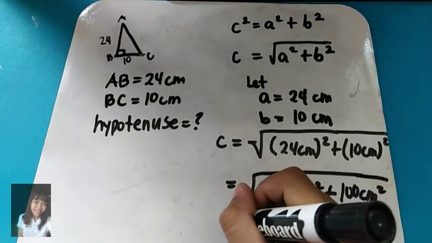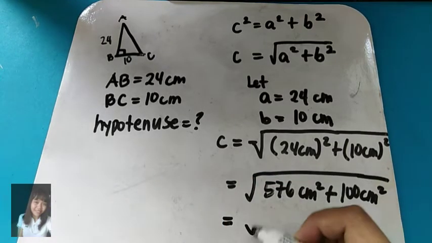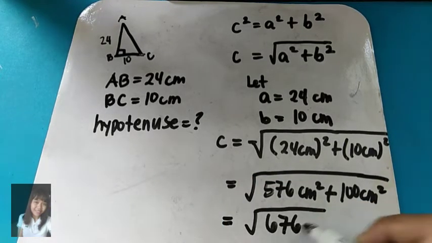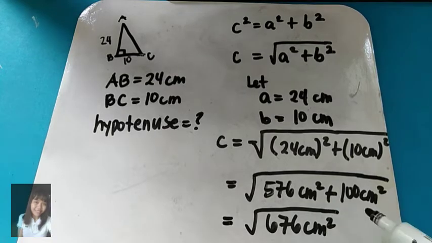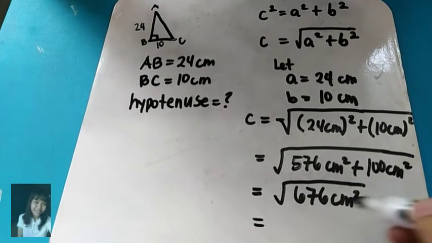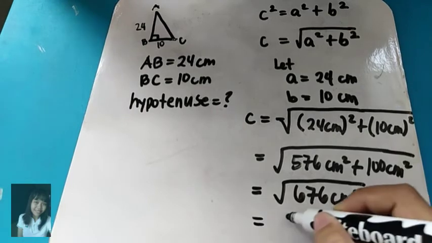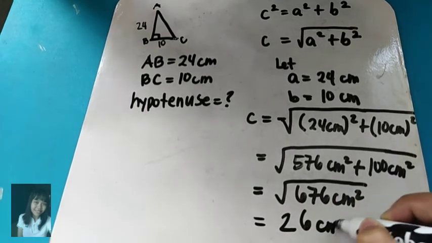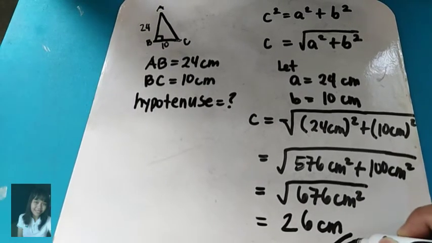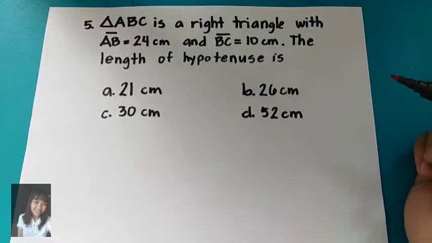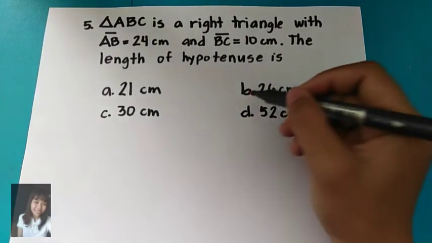Adding these two, we have 676 centimeters squared. And the square root of 676 is equal to 26 centimeters. Hence, the length of the hypotenuse is 26 centimeters. Therefore, our answer for problem number 5 is letter B.